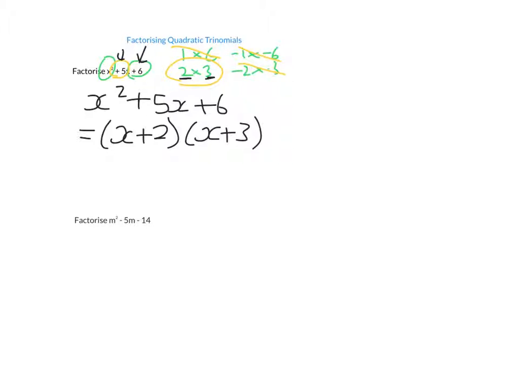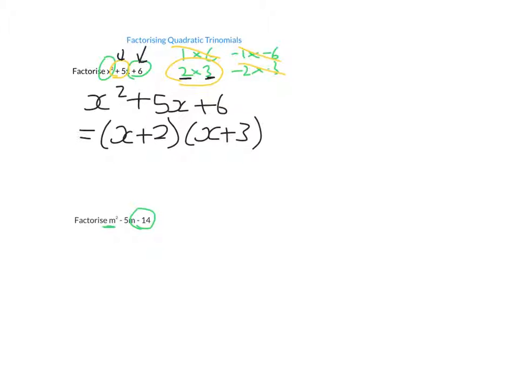So we'll go through another example. I'm using m instead of x in this case. It doesn't matter, it all works the same way. So I'm firstly going to check: it's 1m squared. And I'm now going to have a look at negative 14. What are the factors of negative 14?